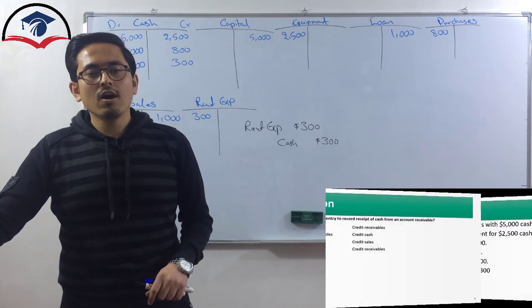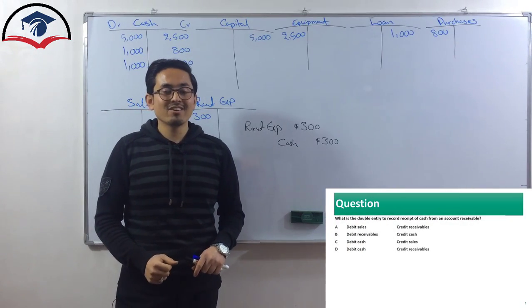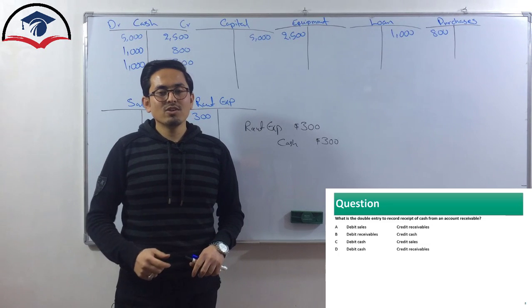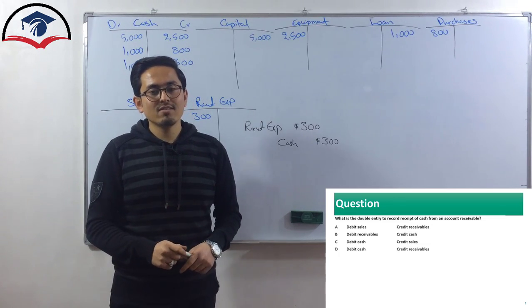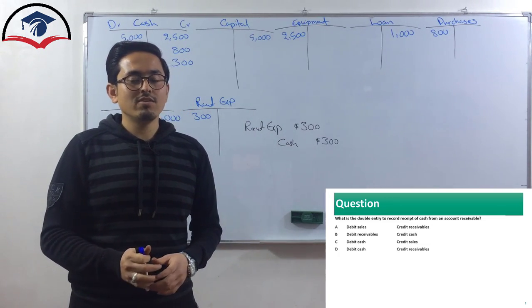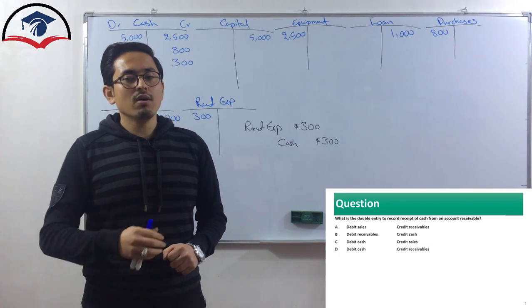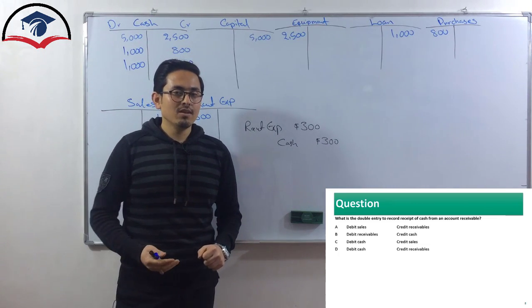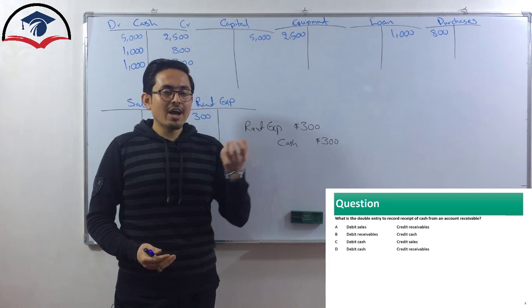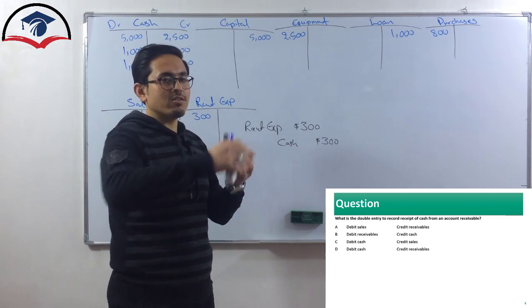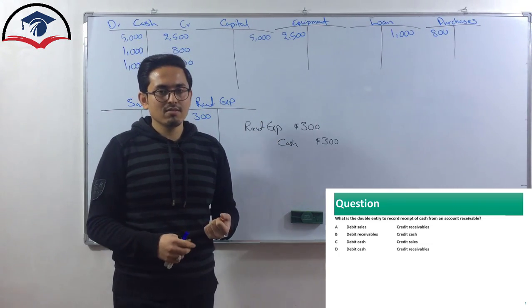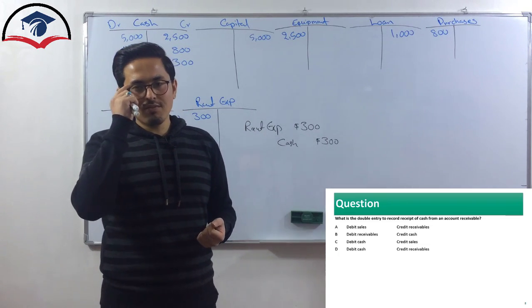Let's go. As always, we have a practice question. The question says, what is the double entry to record receipt of cash from an account receivable? The receipt of some cash against the account receivable of the business. These kinds of practice questions are very important.